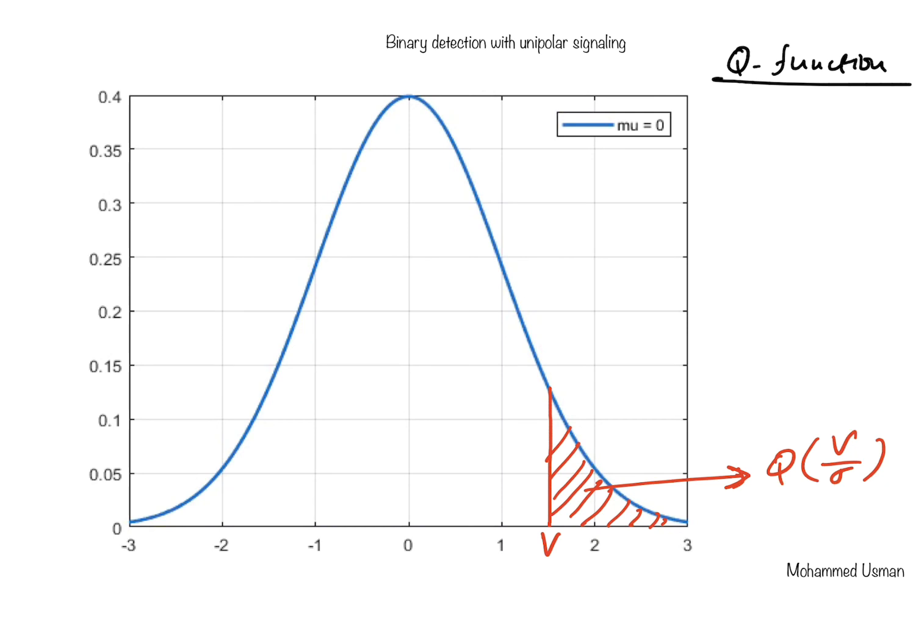Now the important thing to note here is that when we compute this value for V, the threshold, the starting point of this area from V to infinity, we need to ensure that the value corresponds to the threshold when the Gaussian PDF is centered on 0. You see here, the central value is 0.